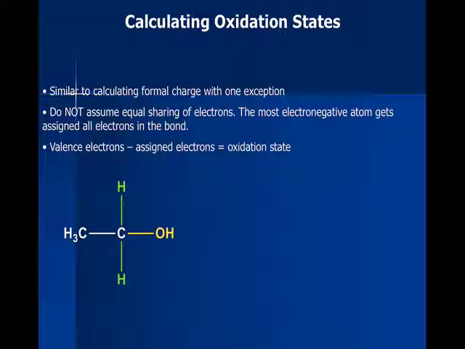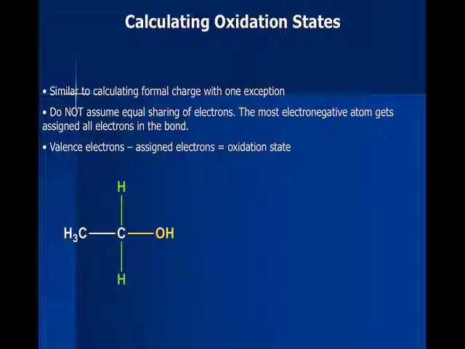That is not true in oxidation state. In oxidation state, we do not assume the equal sharing of electrons. We make the assumption that the most electronegative atom will get the electrons assigned to it in the bond, okay? And so to actually calculate the oxidation state, it's the valence electrons minus the assigned electrons.